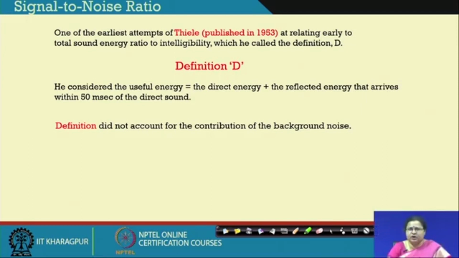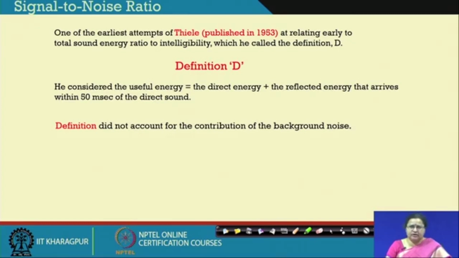But yes, this also gave some insight: it is not only the original sound, but also the reflected sound, which is what the precedence effect talks about, that is contributing towards the signal.